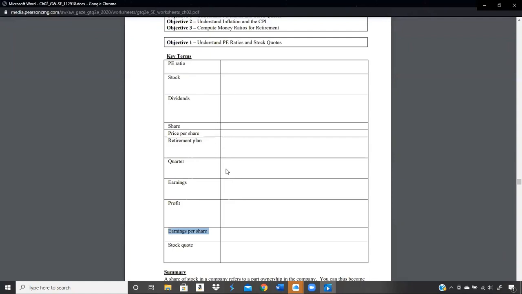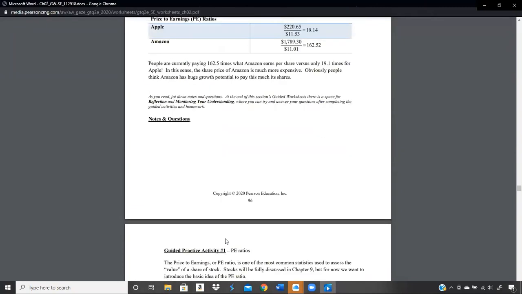And then a stock quote gives a bunch of different information, like the price per share, what it's done over the past day, how many shares they traded in the past day, what their 52-week range has been, what their high and low has been for a day and a year, dividend, earnings per share, yield, little charts, all sorts of things.